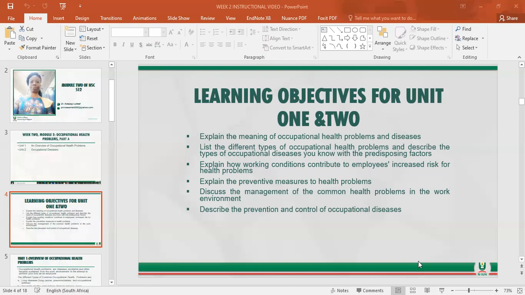Learners should also be able to explain how working conditions can contribute to employees' increased risk for health problems, explain the preventive measures to health problems, discuss the management of the common health problems in the work environment, and describe the prevention and control of occupational health. Those are the learning goals for the 2 units under Module 2.